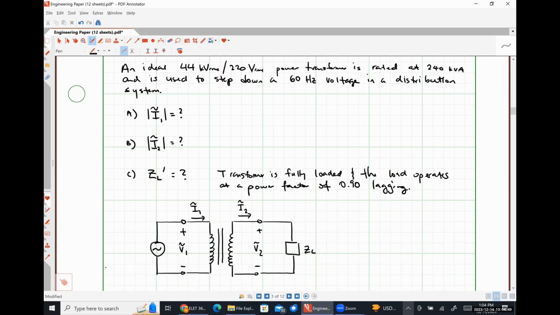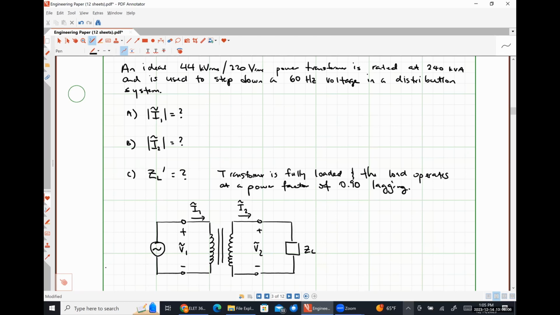It's the maximum apparent power that our transformer is capable of handling, right? So I can say definitively that we're talking about apparent power because the units are expressed in kilovolt amperes.